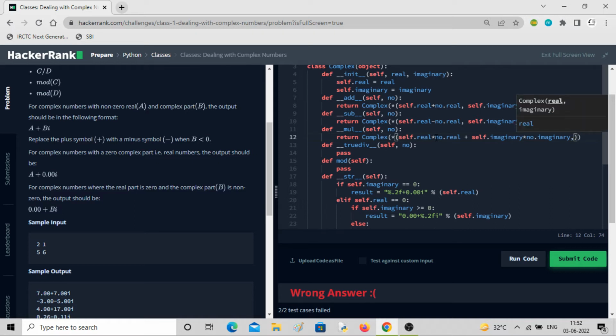Similarly, the next part is real with imaginary and imaginary with real.